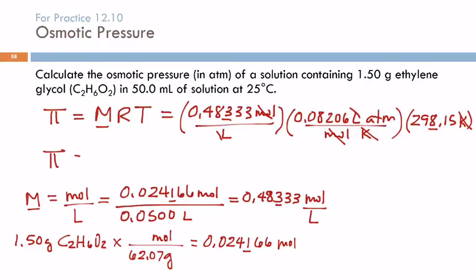My osmotic pressure is 11.8 atmospheres. Why in Mastering Chemistry and in the book does it not use 273.15, it just uses 273? Because they're stupid. Yeah, they round it, and I don't think it's a good idea.